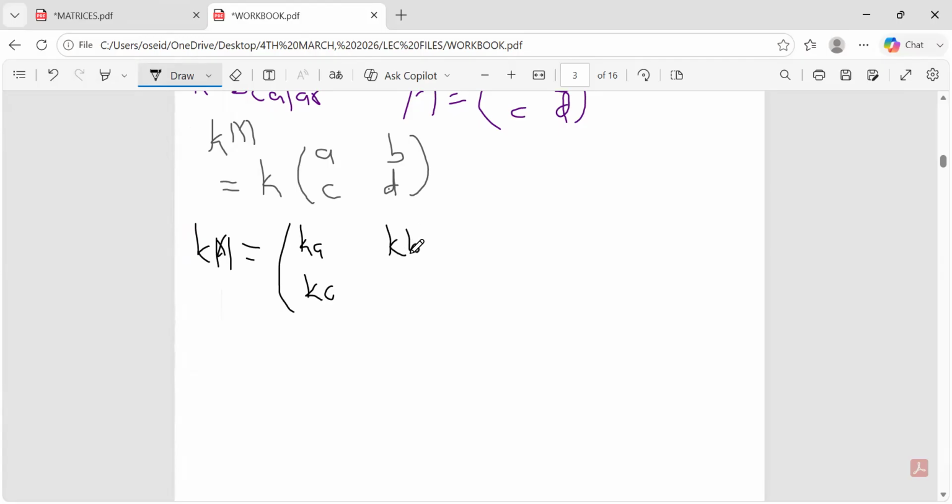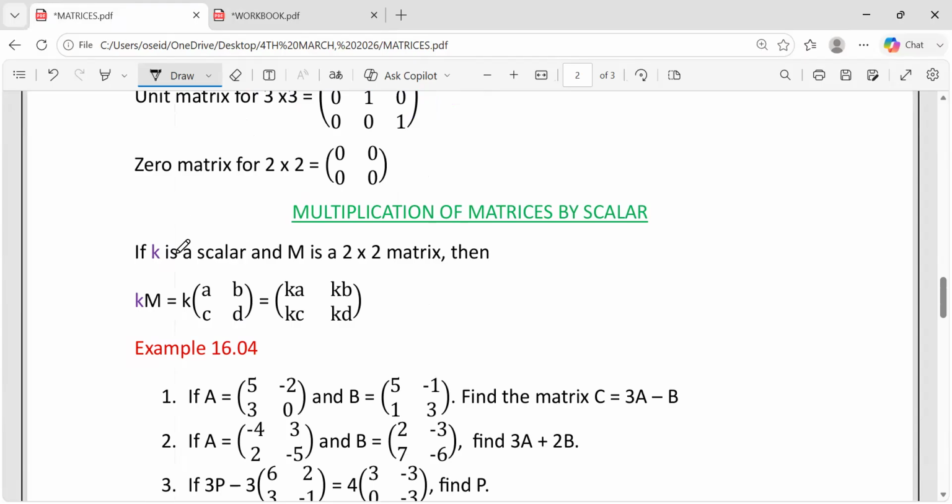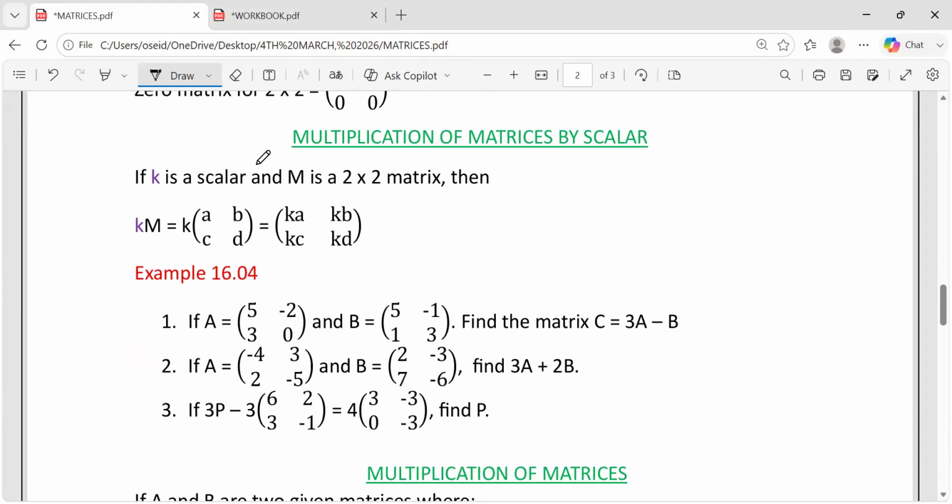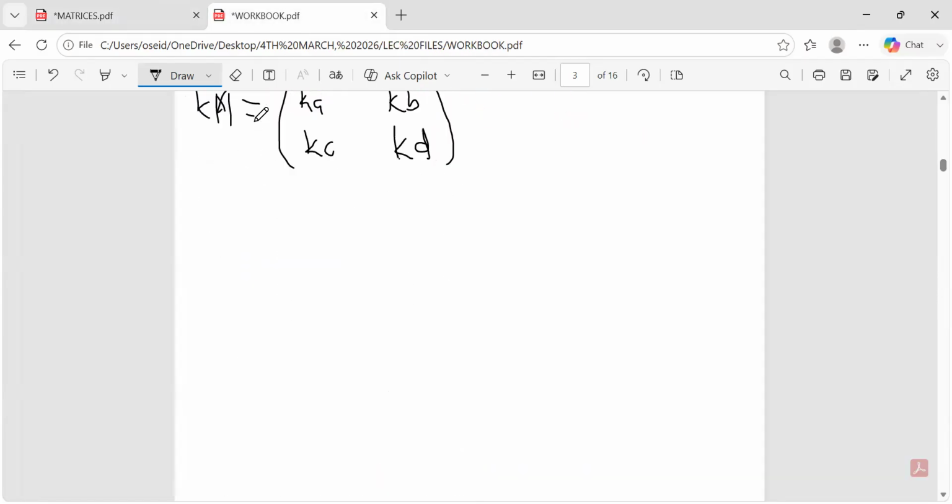Kb. Good students. Then K times D will give you Kd. I hope we are grabbing it gradually, and eventually we will get there. So let's try some of the examples here. So trial questions.